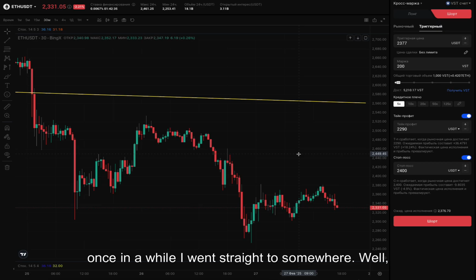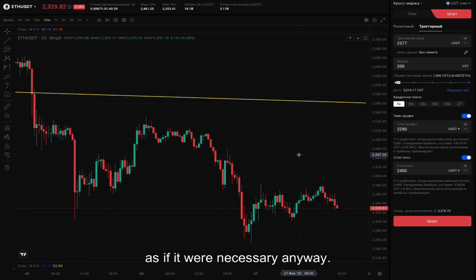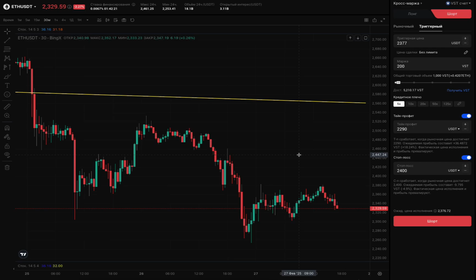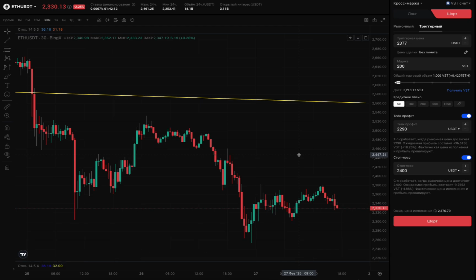Once in a while, it goes much higher, but this is more of an exception than the rule. Beginners can be there at all. Someone who has reached a stable performance trades for a long time with 5, 10, 20, 15%. And that represents a favorable monthly interest.